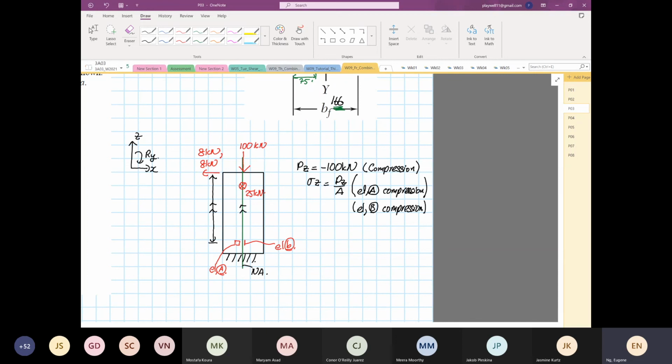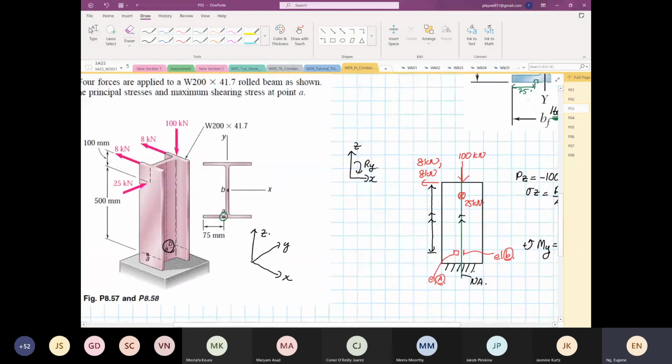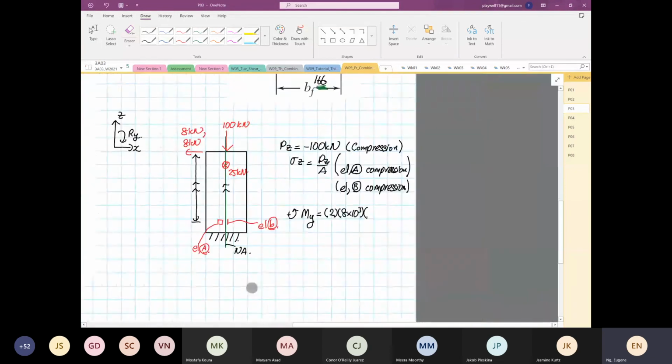So this will be moment in y. I'm going to take clockwise to be positive. Moment at y is equal to twice the 8,000, so 2 times 8 times 10 to the power 3, and the perpendicular distance for the twice 8 kilonewton is 0.6.